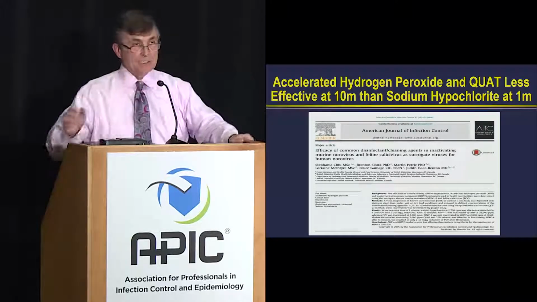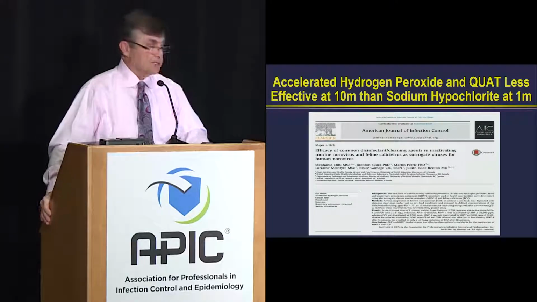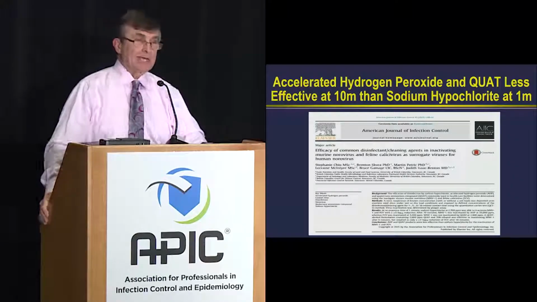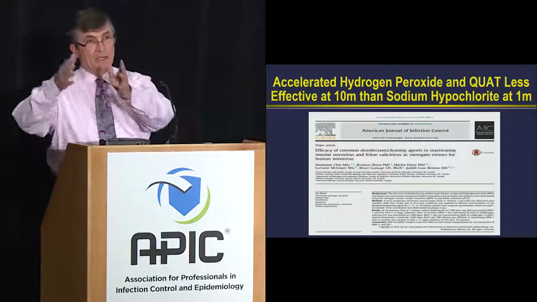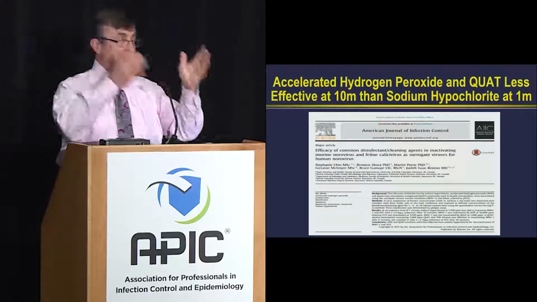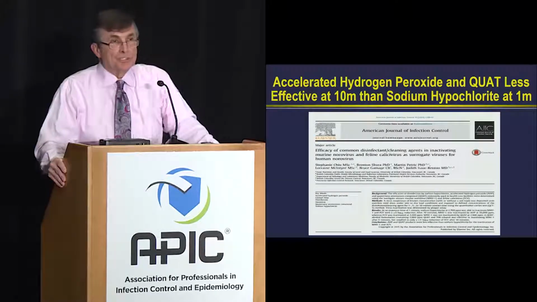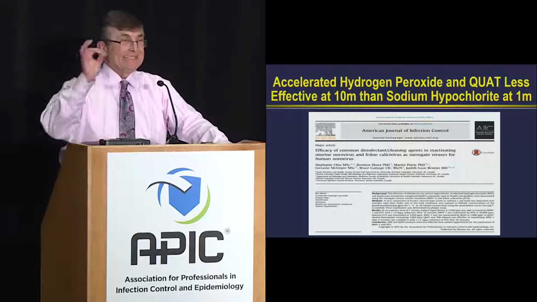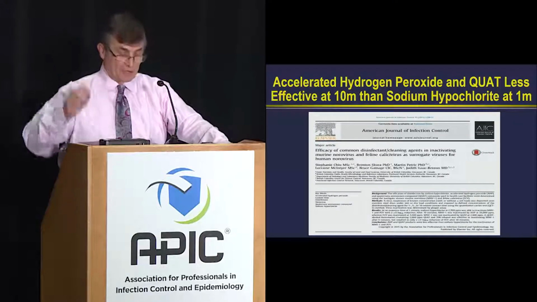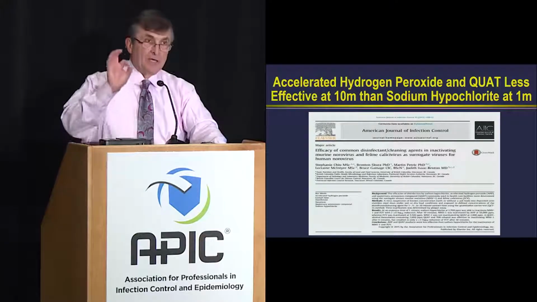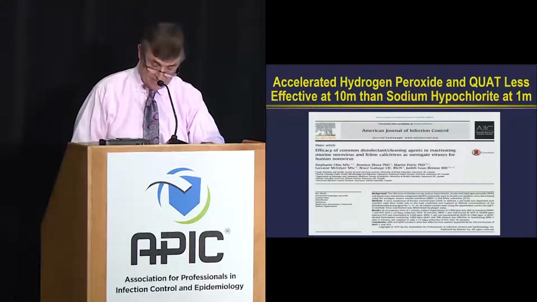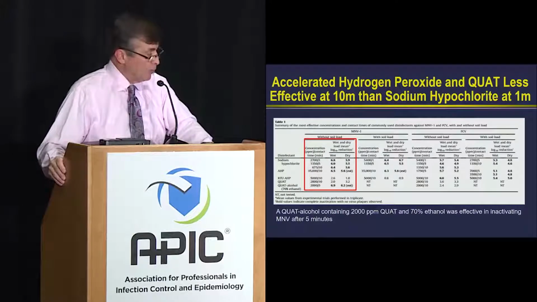I want to mention one of the reasons that we use chlorine. It's shown nicely in this paper that was published several years ago, I think it was 2015. This is looking at products like quats, accelerated hydrogen peroxide, and chlorine. What this paper showed is that accelerated hydrogen peroxide and quats were less effective in 10 minutes than sodium hypochlorite in 1 minute.